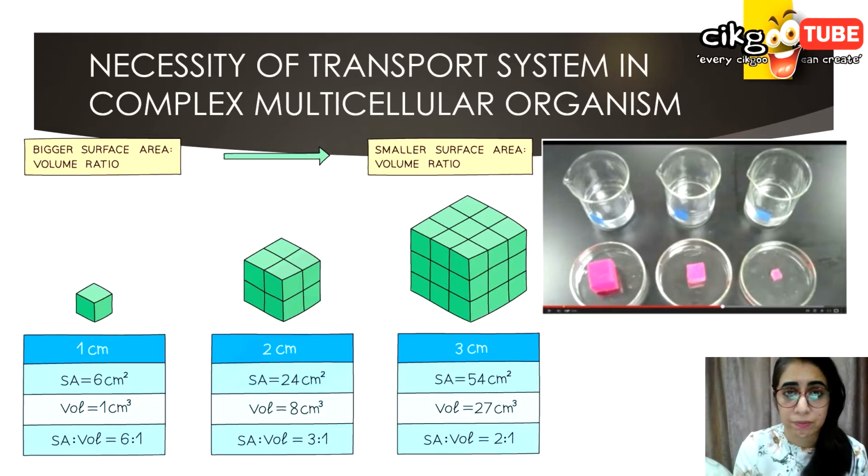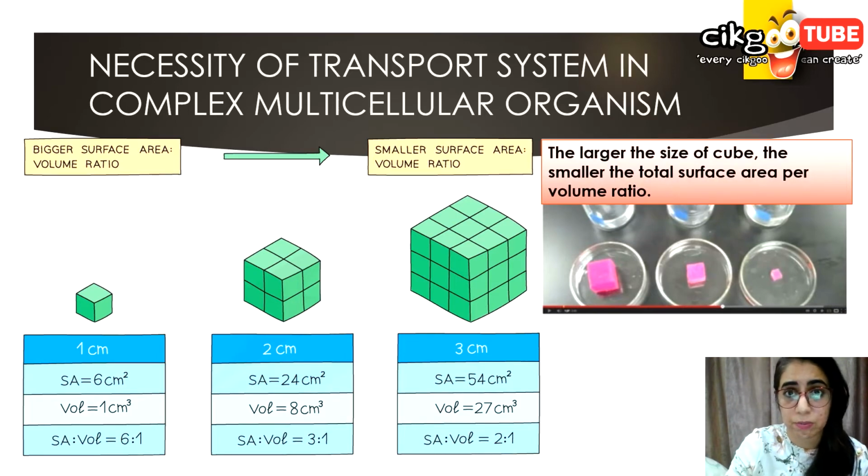After 5 minutes, you will see the color change in the phenolphthalein agar. It turns pink. Then we can calculate the ratio, like how long it takes to turn pink, and within 5 minutes how much of the cube has changed color. From the experiment, it is proven that the larger the size of the cube, the smaller the total surface area per volume ratio. Meaning that a high TSA per V means faster diffusion.